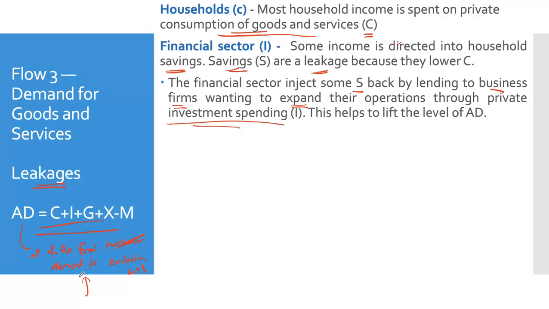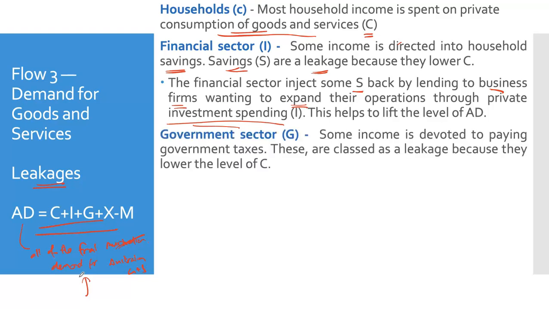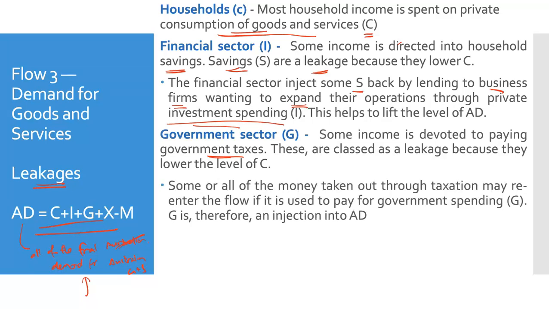The government sector: some income that households have is devoted to paying taxes. These are classed as a leakage because they lower the level of consumption in households. Now, some of that money taken out through taxation may enter the flow again if it's used by government spending.